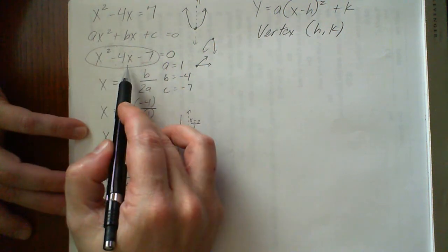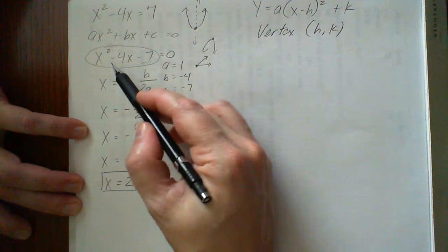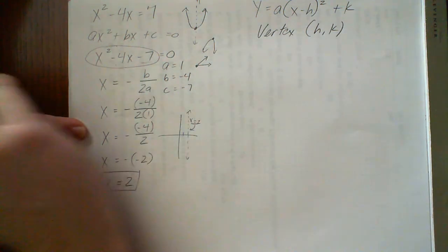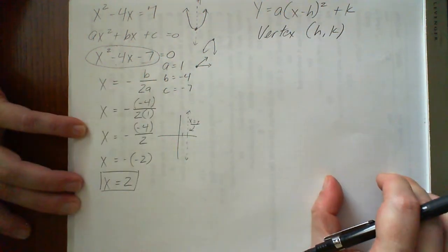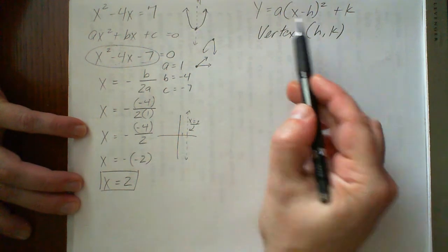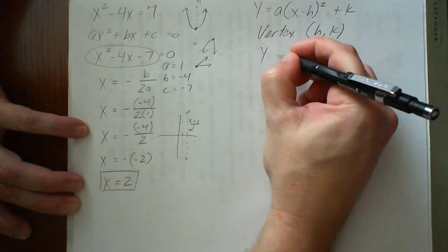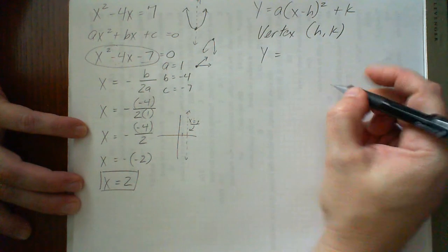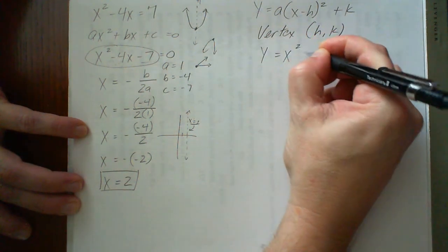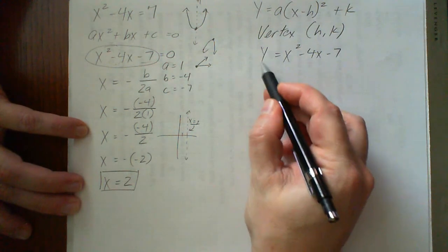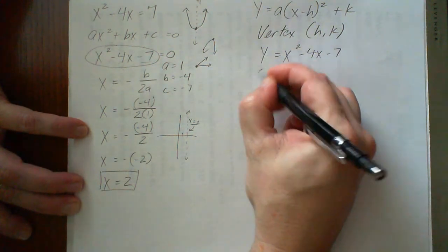If we look at this, well, we can't really find an h and a k value here at all. So what we're going to have to do is called complete the square. When we complete the square, we'll be able to put this into general form. So if y equals x squared minus 4x minus 7, what you'll have to do first is replace your y with 0.